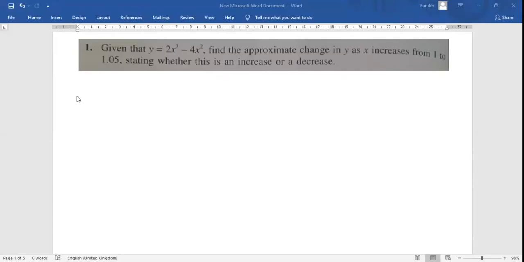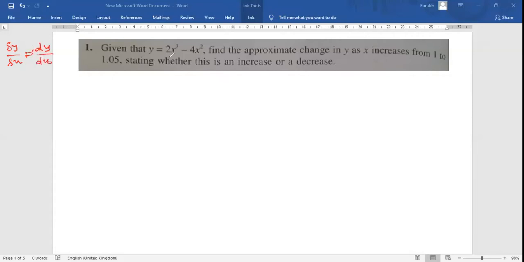These questions are from exercise 16.3. We will use the rule del Y over del X is approximately equal to dy over dx.